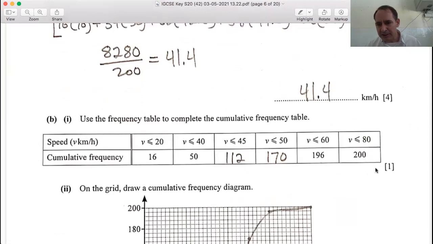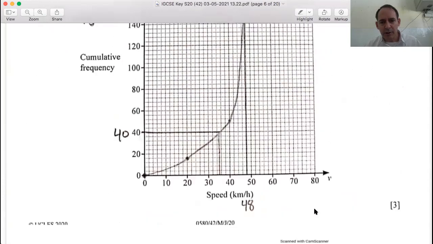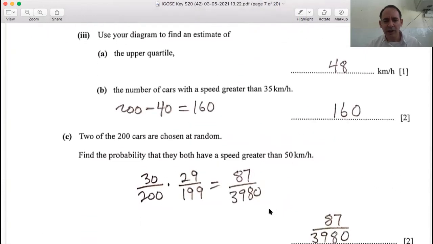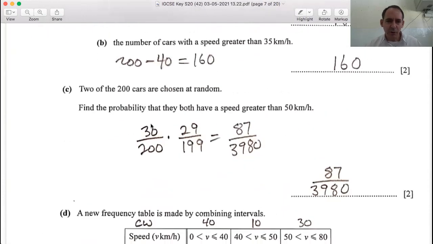There are 30 vehicles in this range. So there are a total of 200 cars. So 30 of those cars have a speed greater than 50. So if you select one of them, it will be 30 out of the 200.